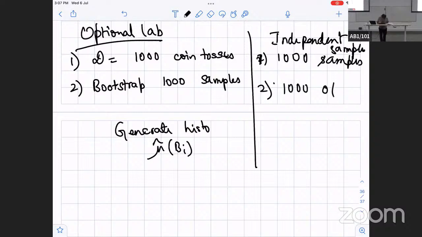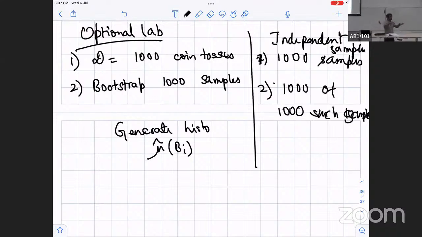Do you see what I'm trying to say? One is the completely independent case, one is the bootstrap case. You look at the histogram, they will look quite similar. So even though you don't have a lot of data, you are just generating data by sampling your existing data, and when you look at the histogram, there will be quite a lot of similarity. So this is an optional lab you can try.